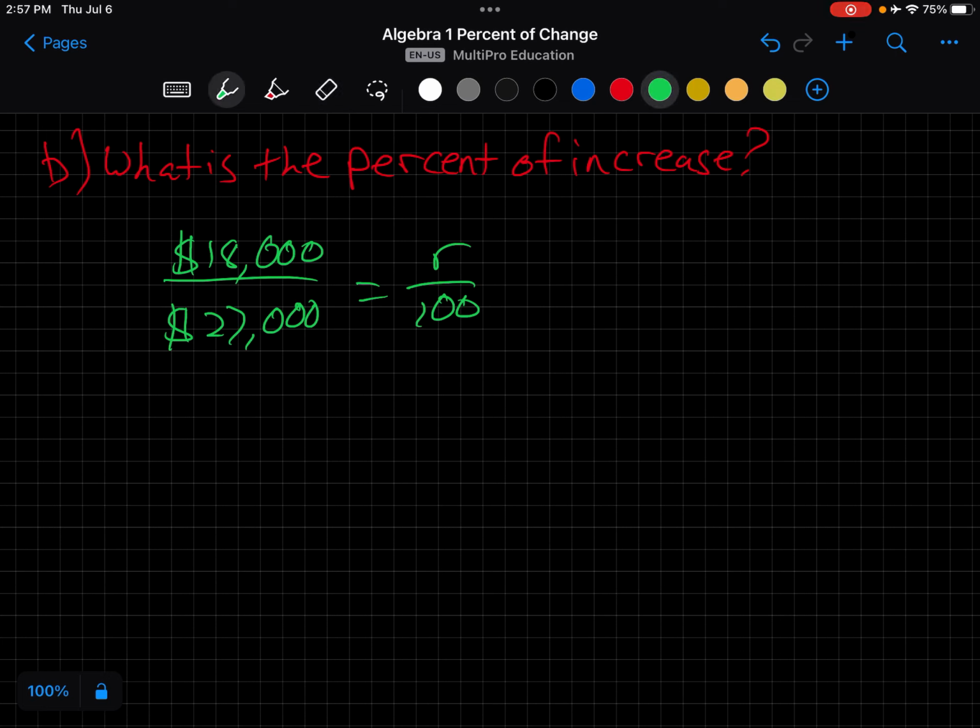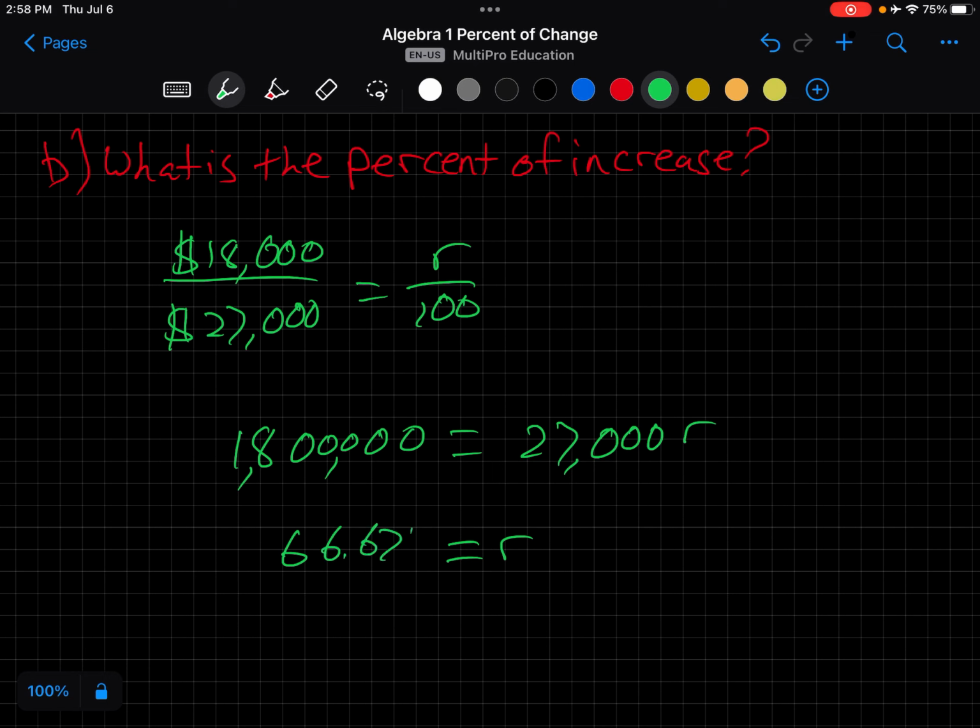Okay, so let's multiply this out. 18,000 times 100 is 18,000,000, and it's equal to 27,000 R. Now, if I break out my handy dandy calculator, R then is going to be 66.67%.